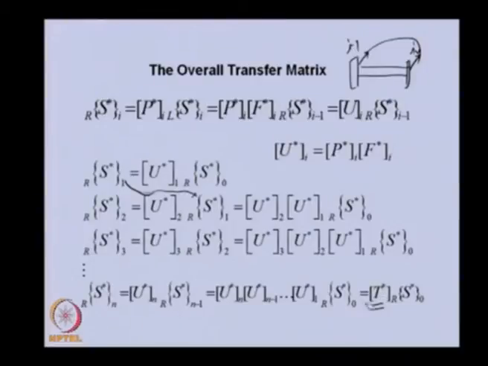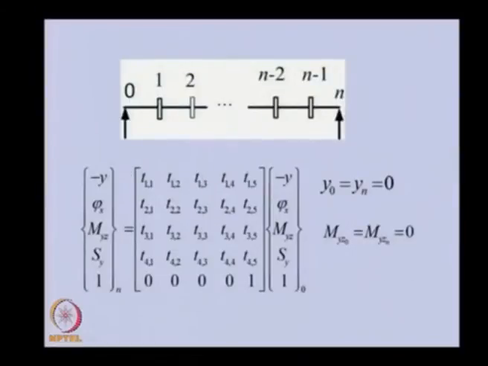Now, once we have the overall transfer matrix, we can apply the boundary condition, because we have the nth station at the extreme right side of the rotor system and the 0 station at the extreme left side. So, this is the nth station, this is the 0 station. The overall transfer matrix T relates the state vector here to the state vector here.